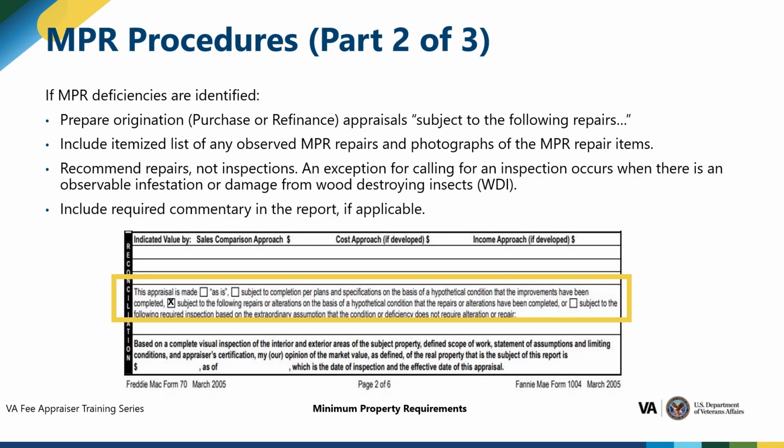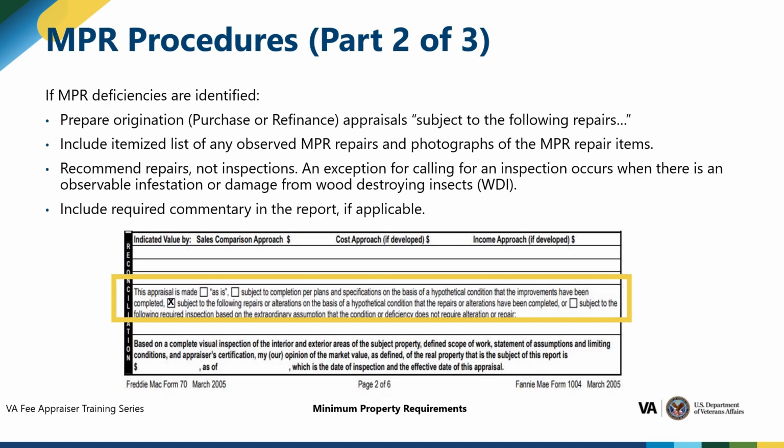Continuing with MPR procedures. If the appraiser identified MPR deficiencies, the appraiser must prepare origination appraisals, purchase or refinance, subject to the following repairs, and include the contributory value of the completed repairs in the estimated market value. The appraisal report must contain an itemized list of any observed MPR repairs and photographs of the MPR repair items.